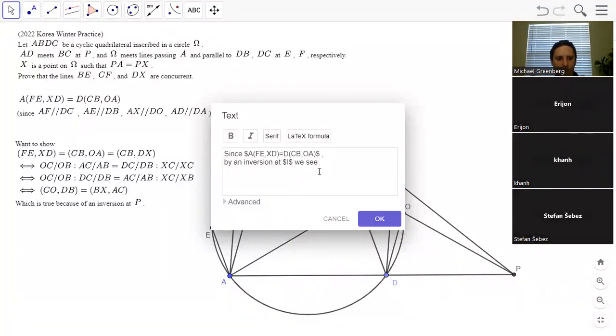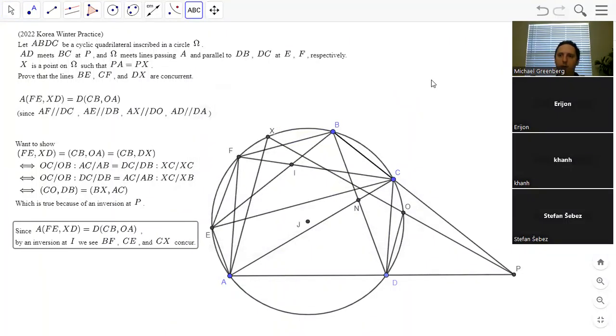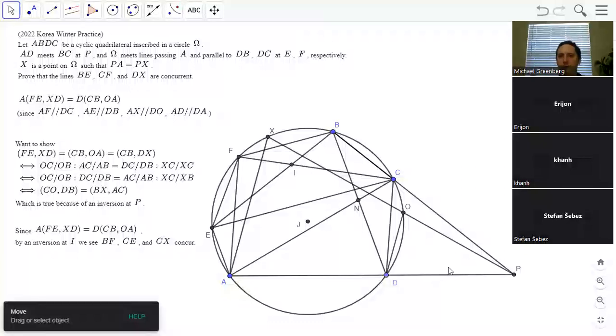We see BF, CE, and DX concur. Okay. Because inversion preserves the cross ratio. So this equality right here, basically inversion preserves cross ratio.